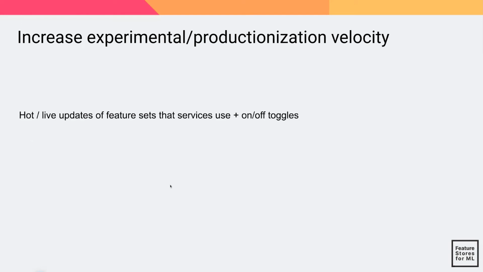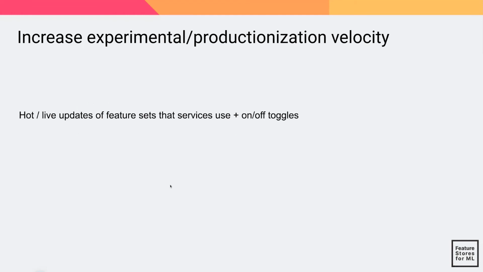Another part of increasing experimental productionization velocity is what I call hot live updates of feature sets that services use, and corresponding on-off toggles. So the question is, do we require a redeploy for services who want to switch feature sets? The answer is no. We want them to be able to switch in and out feature sets.